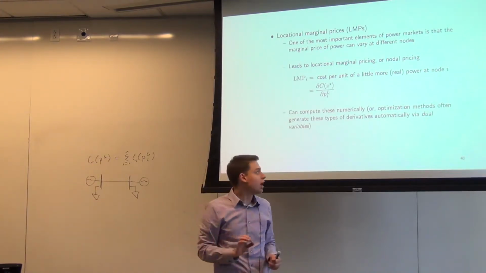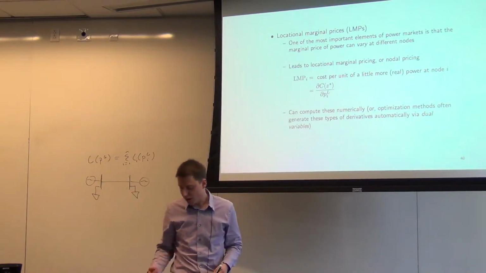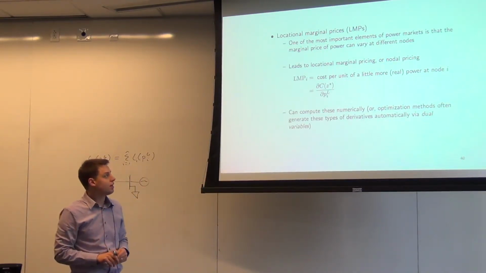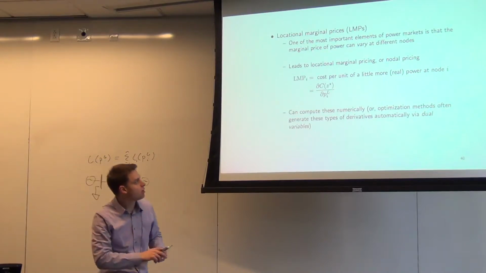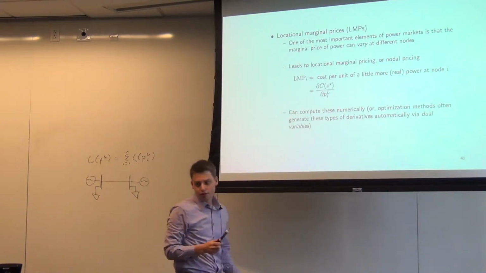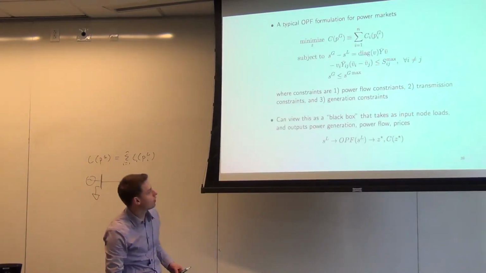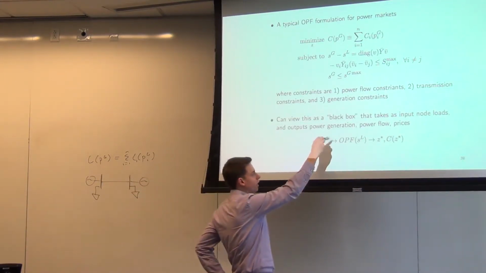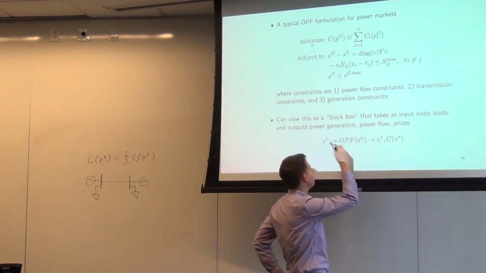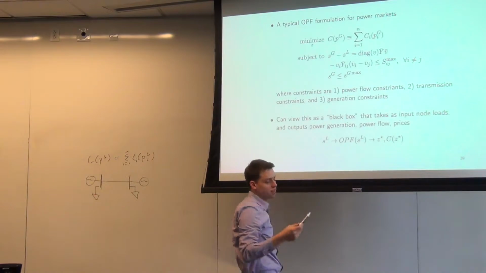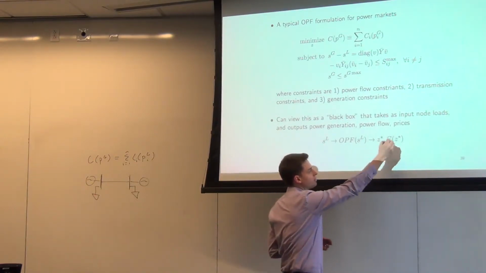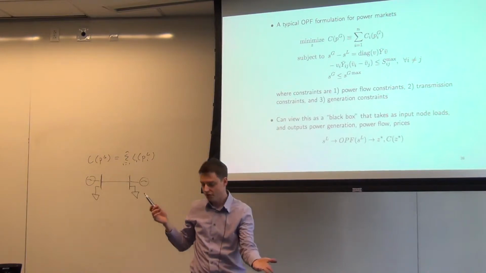And these are called locational marginal prices, or LMPs. What an LMP is formally is the partial derivative of this C of Z star. Remember, we looked at power flow as taking as input a bunch of loads and outputting a cost. Just think of it as a single function that takes loads as input and outputs a cost.